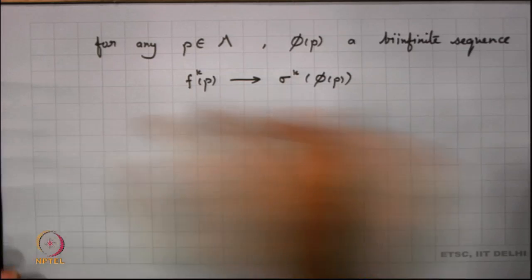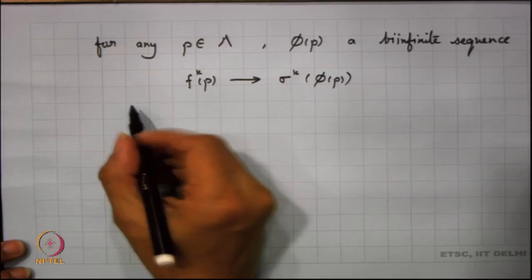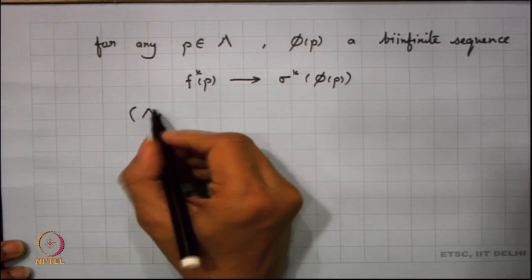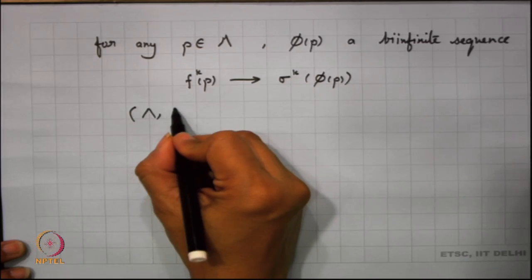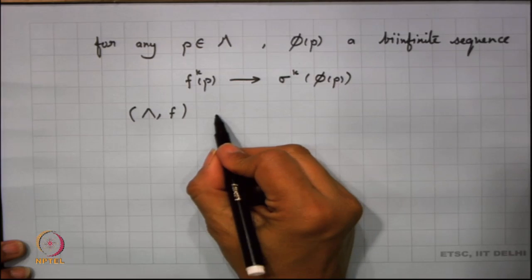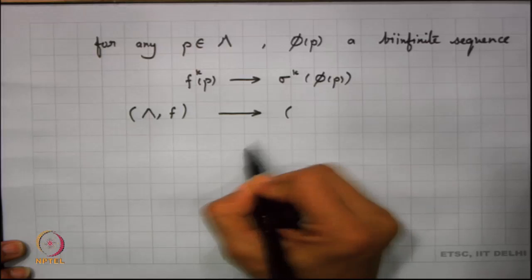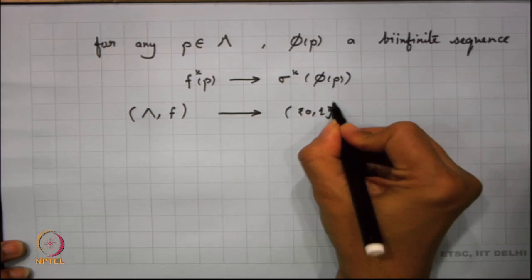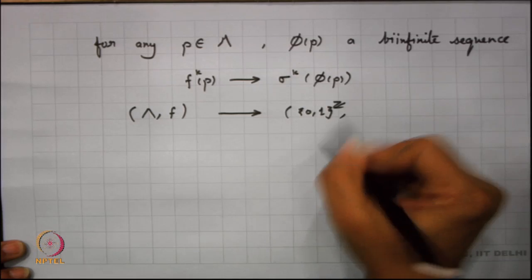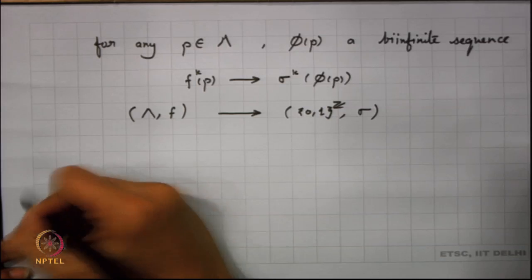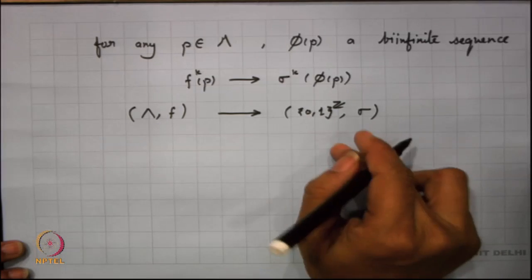So, we have a direct relation between the dynamics. If I look into the dynamical system of f, the dynamics on the horseshoe, there is a direct association of this with the set of sequences of zeros and ones, and sigma.